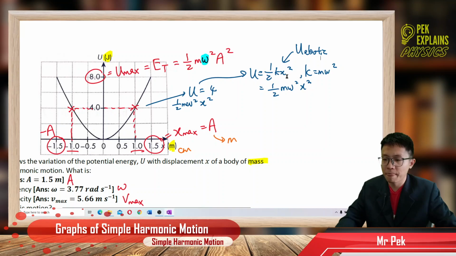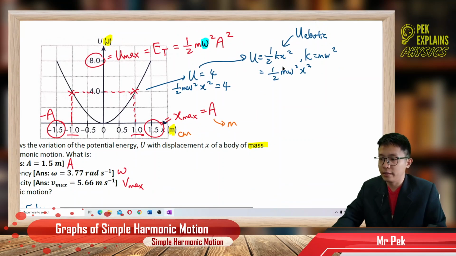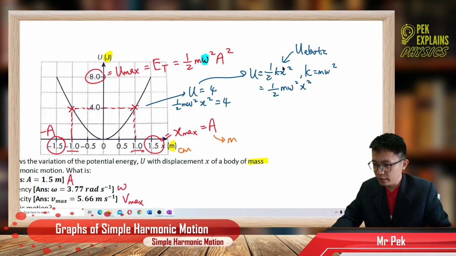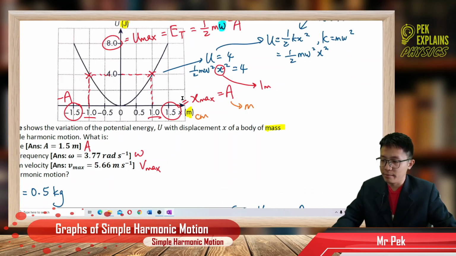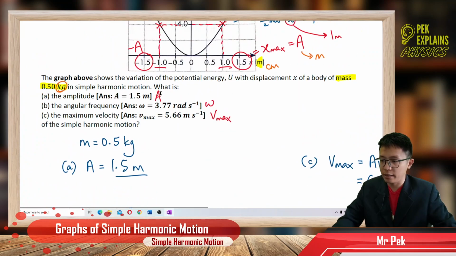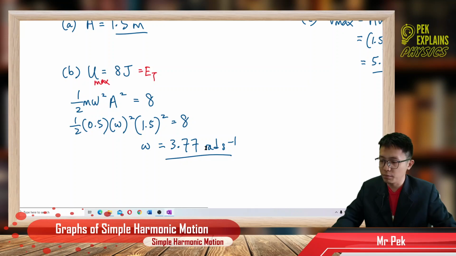Anyway, this potential energy is equal to 4 joule, and we know the displacement at this point is 1 meter. So this x here we can substitute with 1 meter. Understand that? The mass is 0.5, and the omega is 3.77.